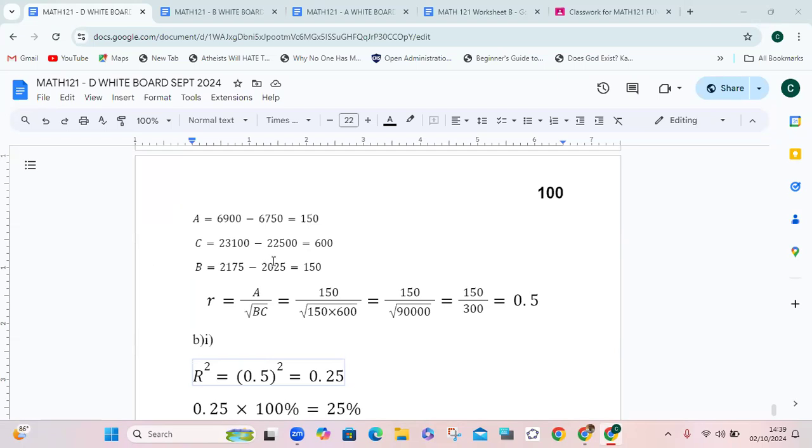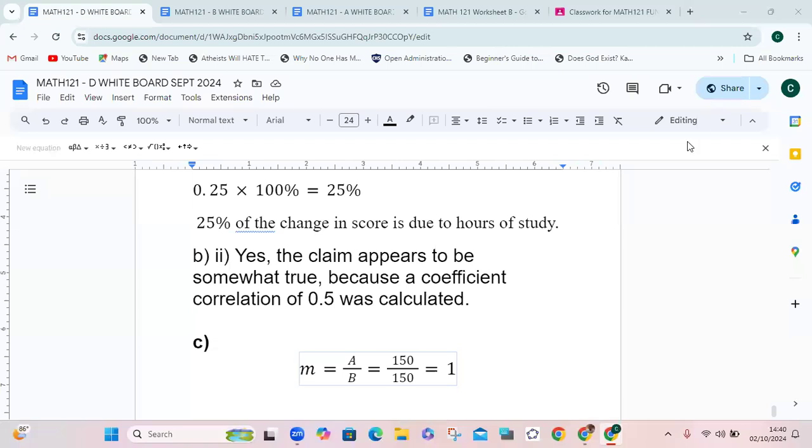So the gradient is actually 150 divided by 150, which is 1. As you can see, the gradient m is equal to 1.